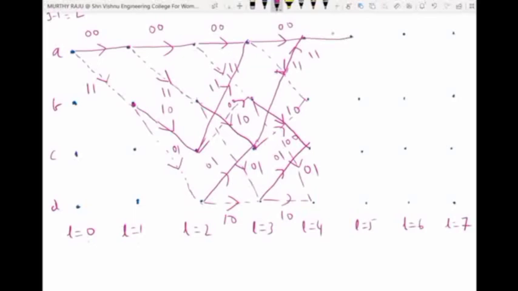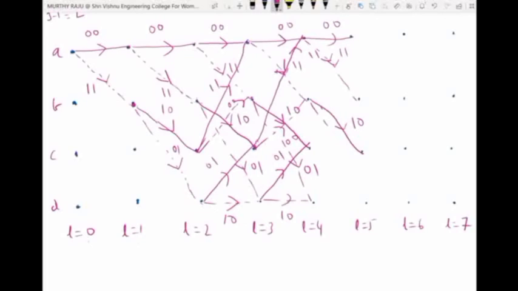A to A, 0 0. Here input bit is 1, output 1 1. Next consider B to C, output is 1 0.